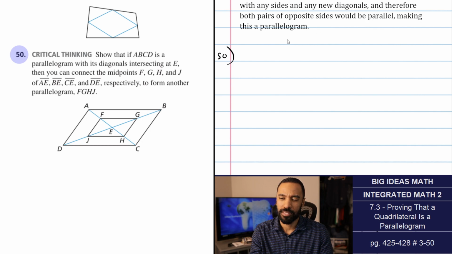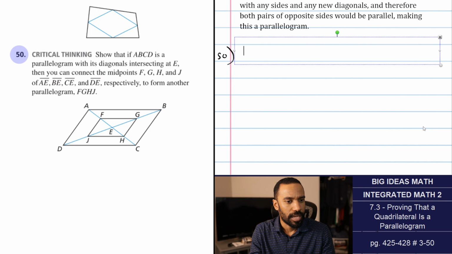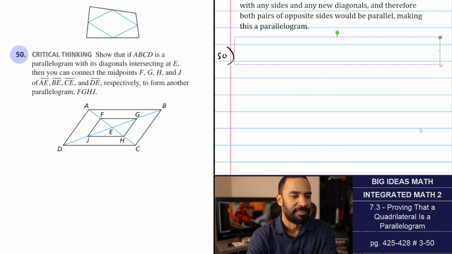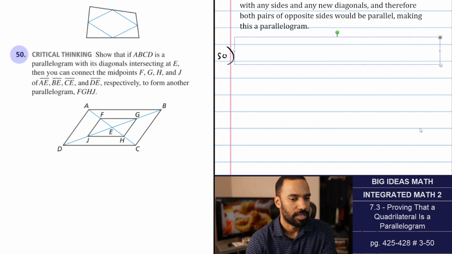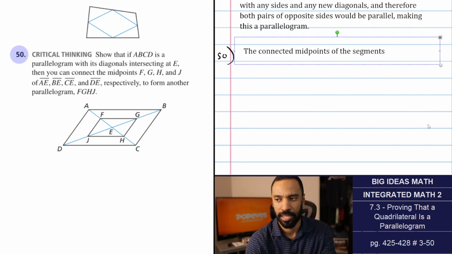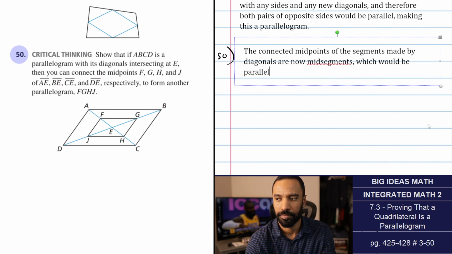Show that if it is, then you can connect them. Because the diagonals... excuse me. You can connect the midpoints. The connected midpoints of the segments made by diagonals are now mid-segments, which would be parallel to sides that are already parallel to each other.